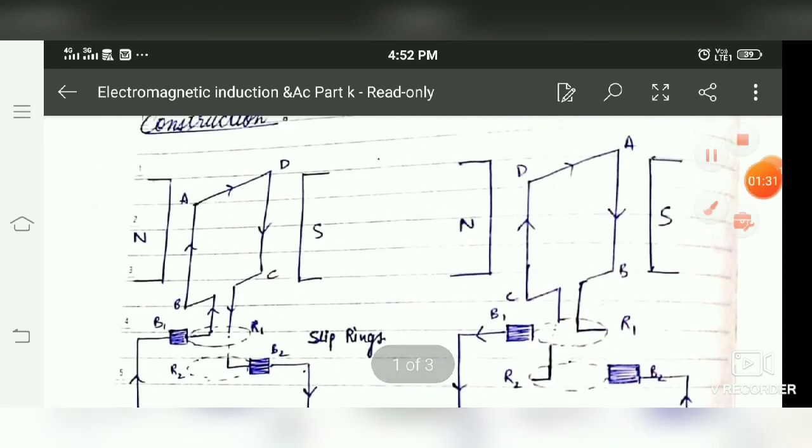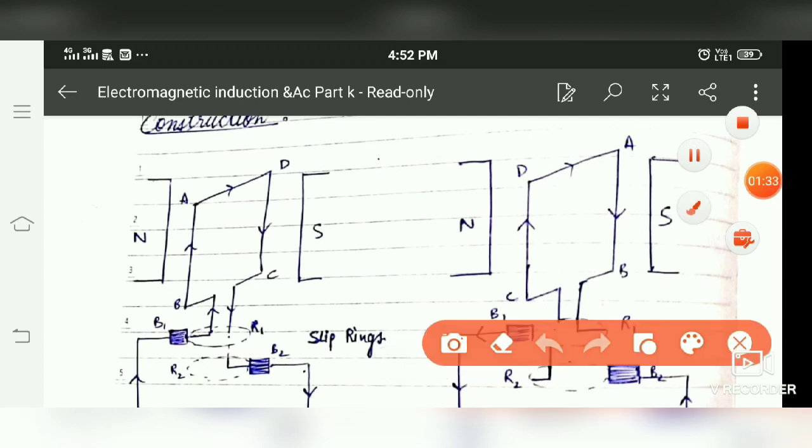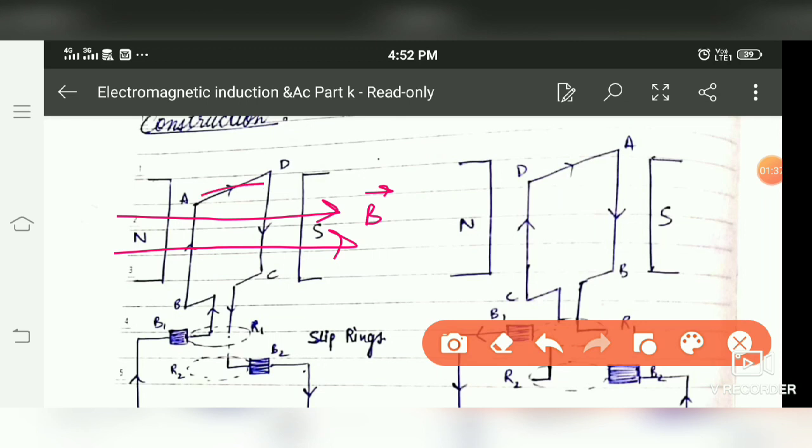When EMF is induced, the coil tries to oppose the magnetic field by inducing a current, in AB in upward direction and D to C in downward direction.